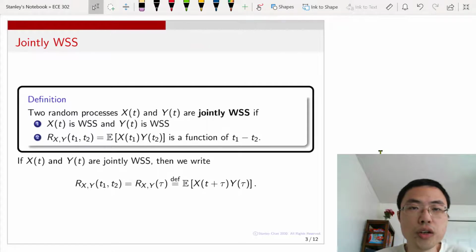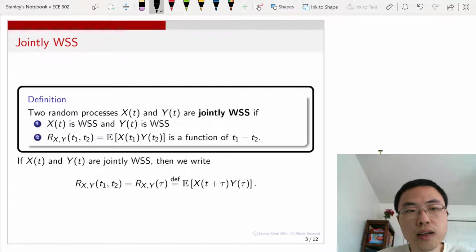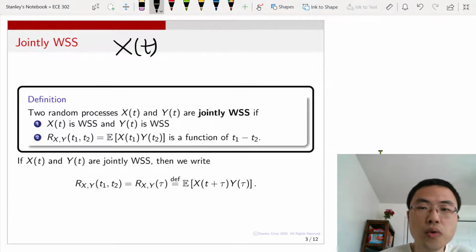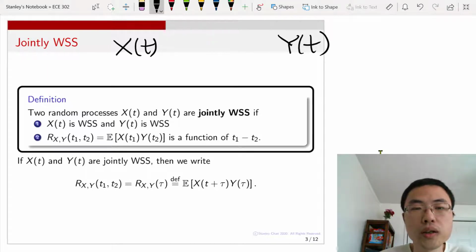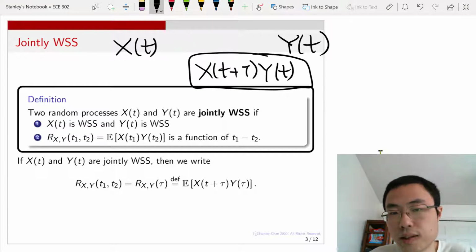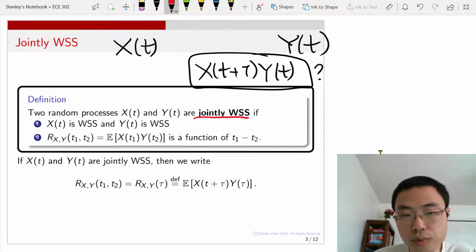To discuss the cross correlation, I first need to define a concept called jointly wide-sense stationary processes, because in the previous diagram we know that x is wide-sense stationary and y is wide-sense stationary. We don't really know whether the product of x of t plus tau and y of t will maintain some kind of wide-sense stationarity, and therefore we need to define a notion called jointly wide-sense stationary process.